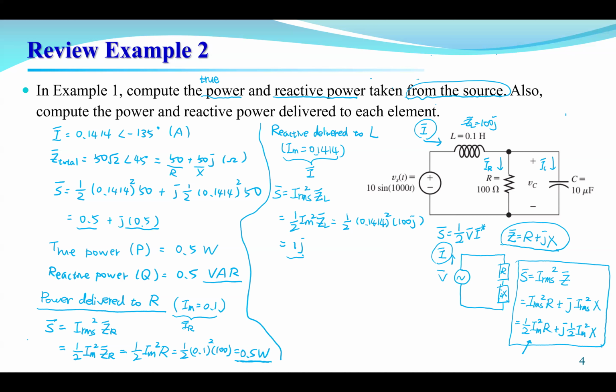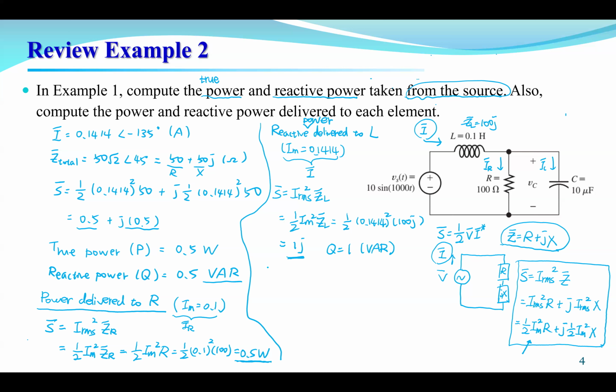So we know that it's reactive power. This is Q, so Q equals 1, and the unit is VAR. This is the reactive power delivered to the inductor.